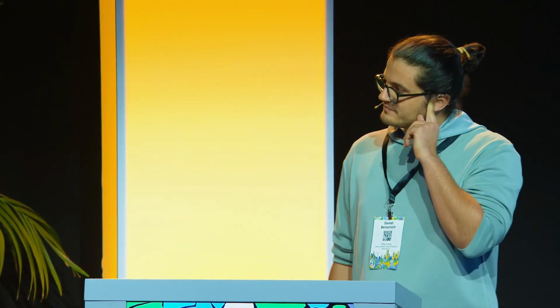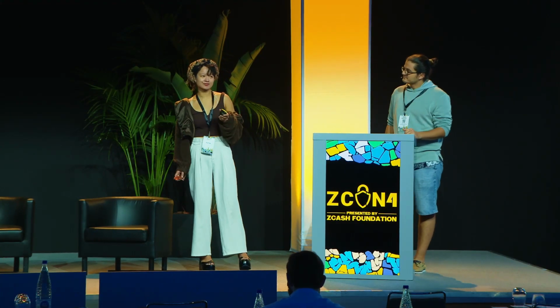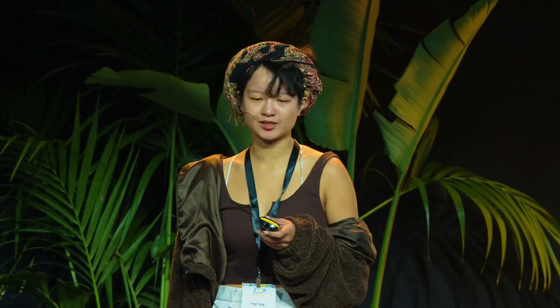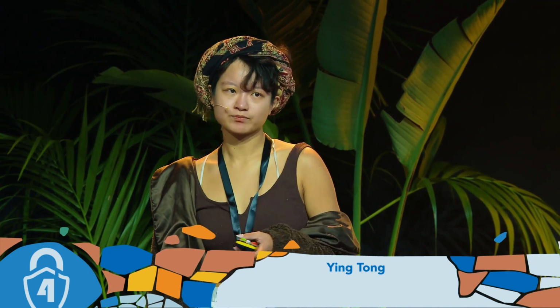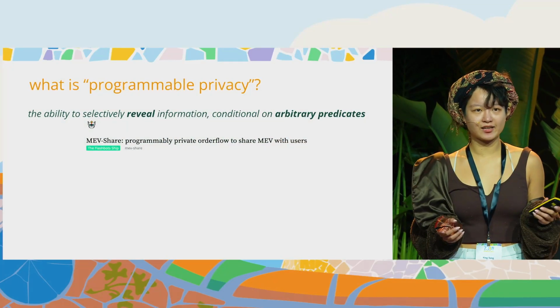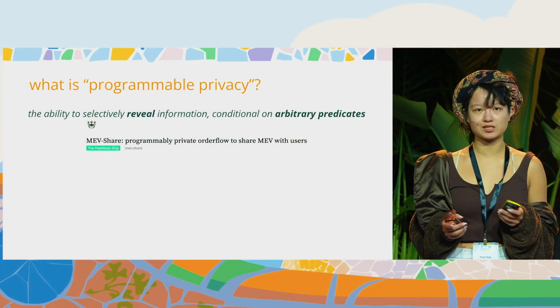If you're coming here from the DeFi world, you may have heard the term programmable privacy very recently in the context of Flashbots and MEV, maximally extractable value. This is one of the most exciting and important problems in decentralized finance.